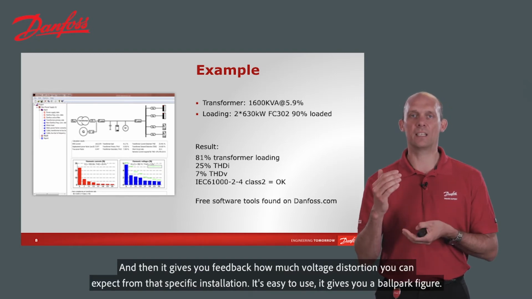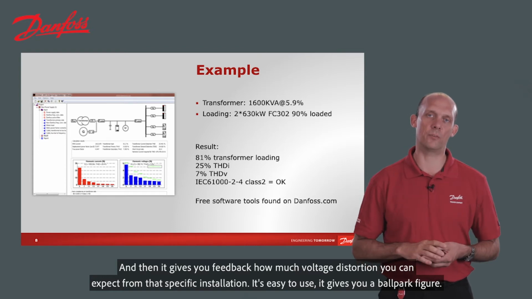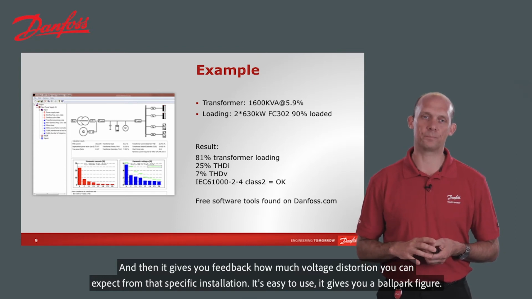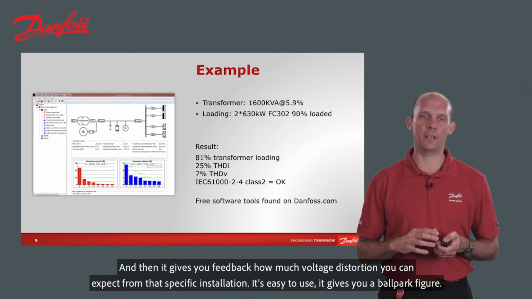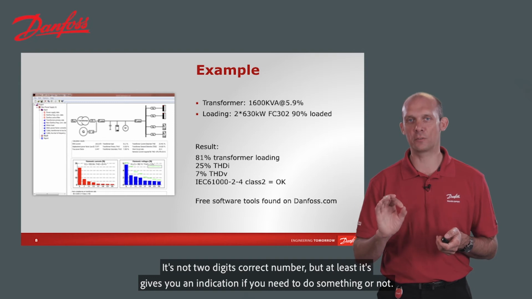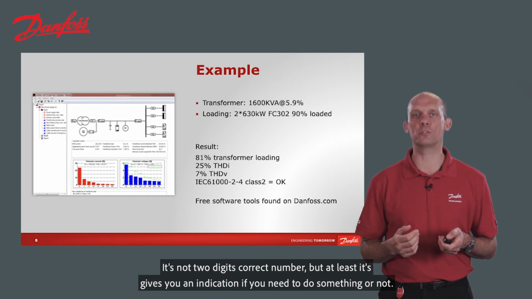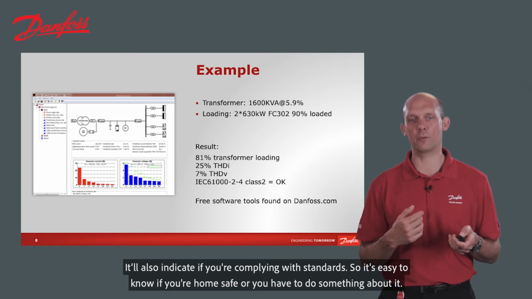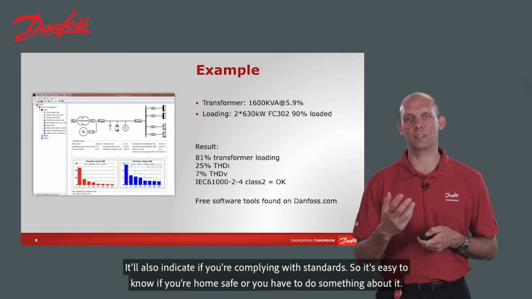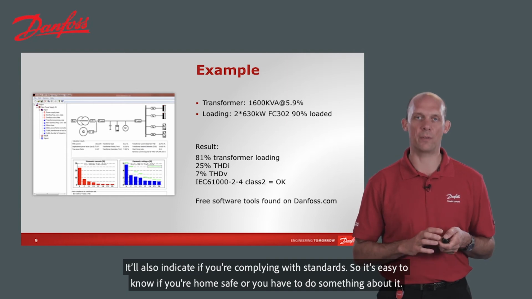And then it gives you feedback how much voltage distortion you can expect from that specific installation. It's easy to use. It gives you a ballpark figure. It's not a 2-digit correct number, but at least it gives you an indication if you need to do something or not. It'll also indicate if you're compliant with standards, so it's easy to know if you're home safe or you have to do something about it.